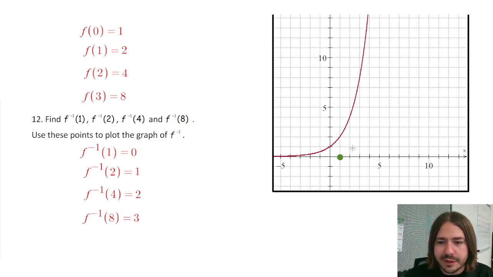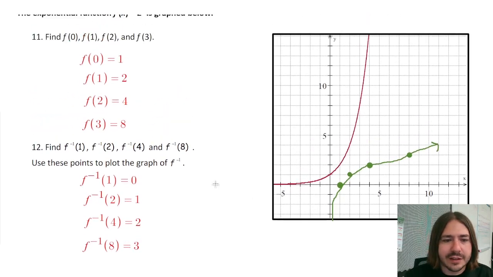Oh, messed up the last one. (2, 1) is actually right here. (4, 2) and (8, 3). Okay, so we got this nice inverse function here, the inverse of an exponential function. Looks basically like that. And yeah, let's close this out.